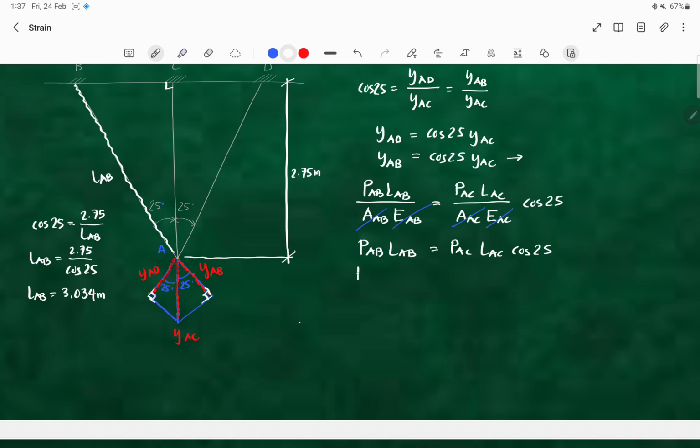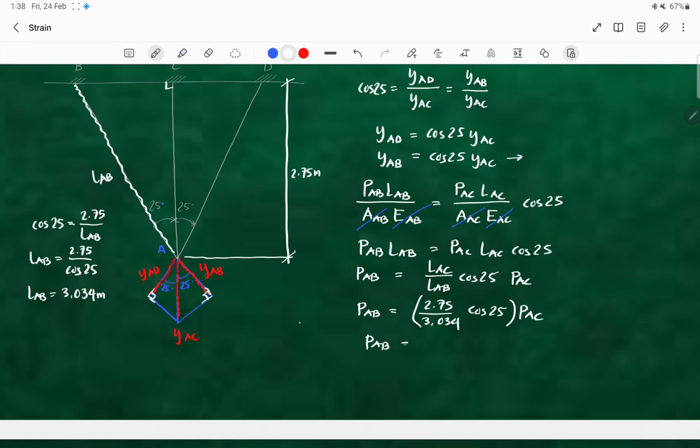Okay? Okay, so force AB is equivalent to length ni EC over length ni AB cosine 25, and then we have force ni EC. So, we just need to substitute yung length ni EC, which is 2.75. Yung length ni EB is 3.034. So, multiply it by cosine 25. Ayan. So, we have force ni EC.